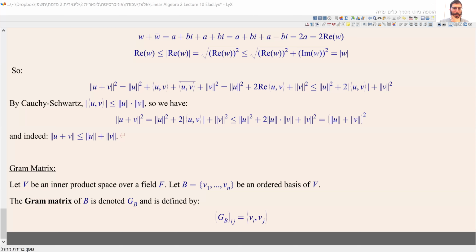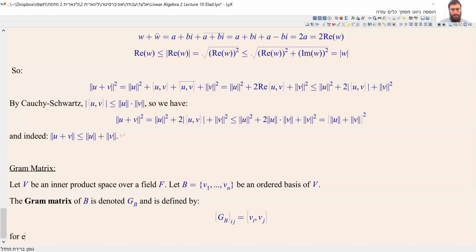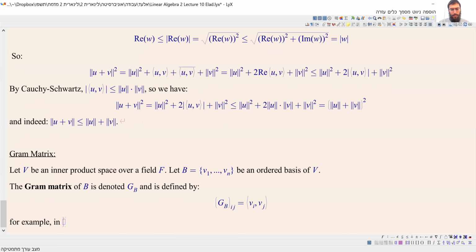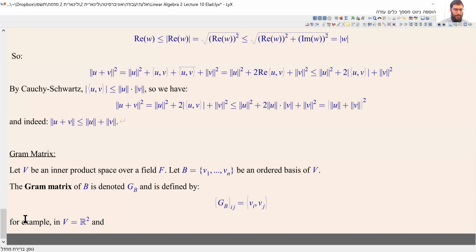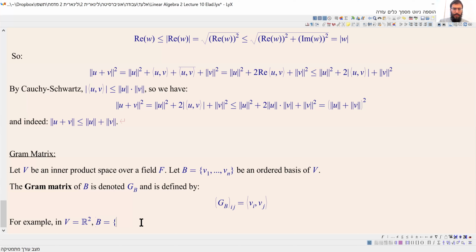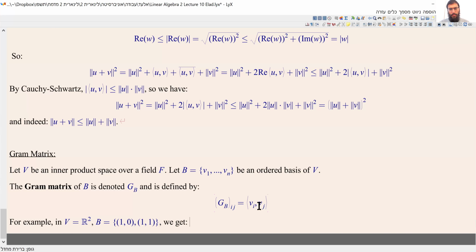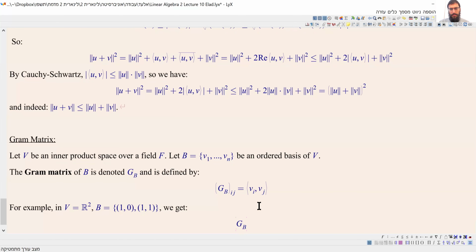Now notice that, for example, in V, which is R2, take a basis with, I don't know, (1, 0) and (1, 1). We get that the matrix GB has 4 elements. It is a matrix of order n by n.